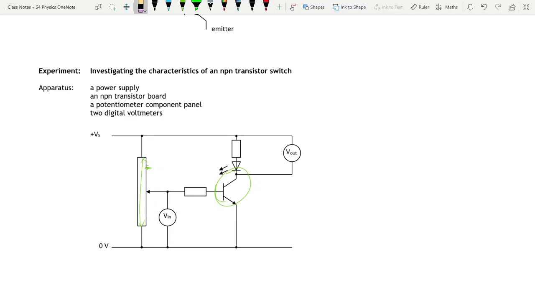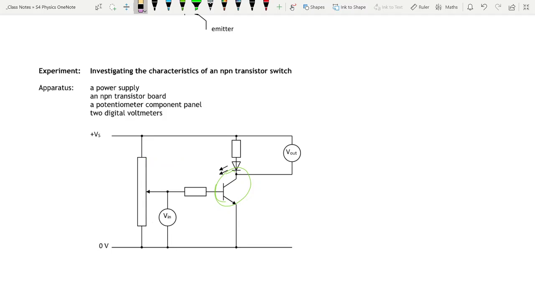Okay. So what we're going to do is alter the amount of voltage that goes into the transistor by altering this slider. So we'll start off with the voltage being quite low. So we'll start off with the slider being down here, and we'll eventually move it up so the voltage is quite high that goes into the transistor.